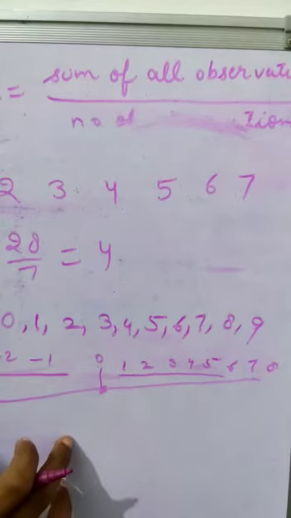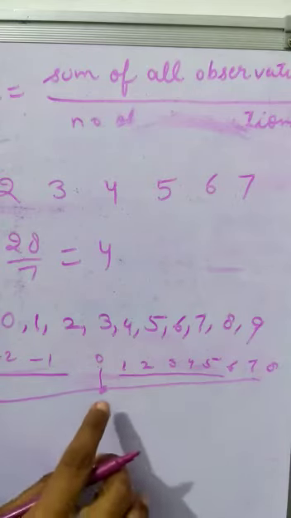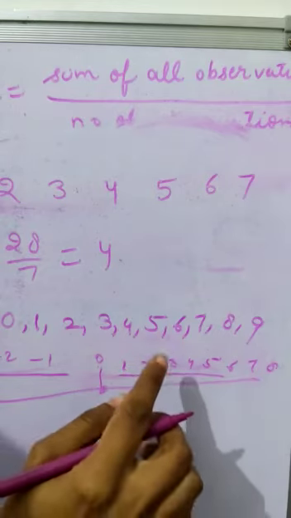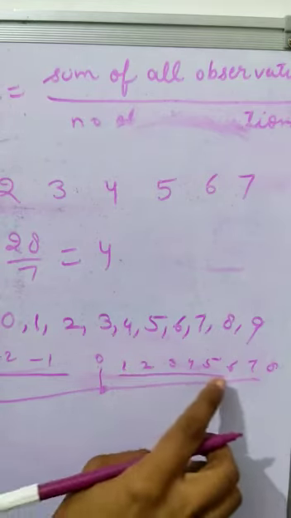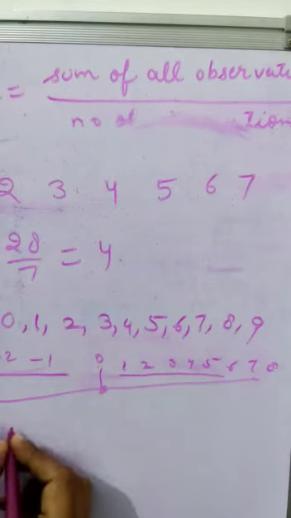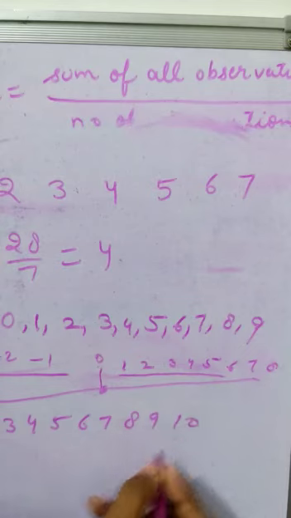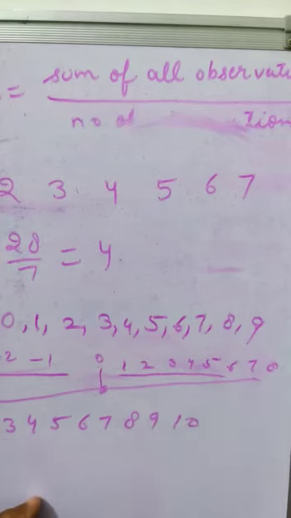If you want 10 consecutive, it means 1 by 1 in the series. So the first 10: 1, 2, 3, 4, 5, 6, 7, 8, 9, 10. Add them all and divide by 10.